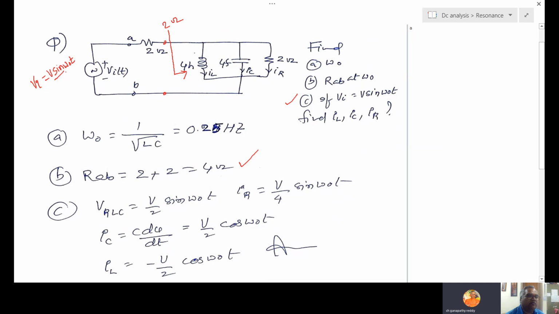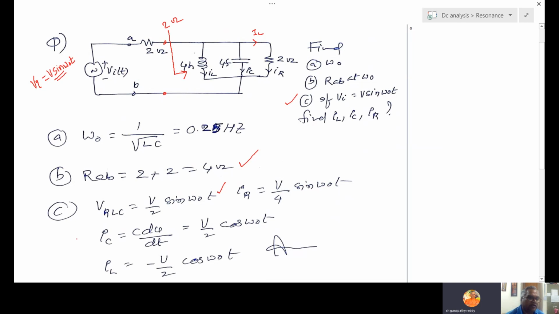This V sin omega naught t is dividing between the 2 ohm and another 2 ohm here. So equally divided, therefore V by 2 sin omega naught t. Then what is the current through the resistance? This is IR. So what is IR? Voltage by resistance, V by 2 by 2. So V by 4 sin omega naught t.